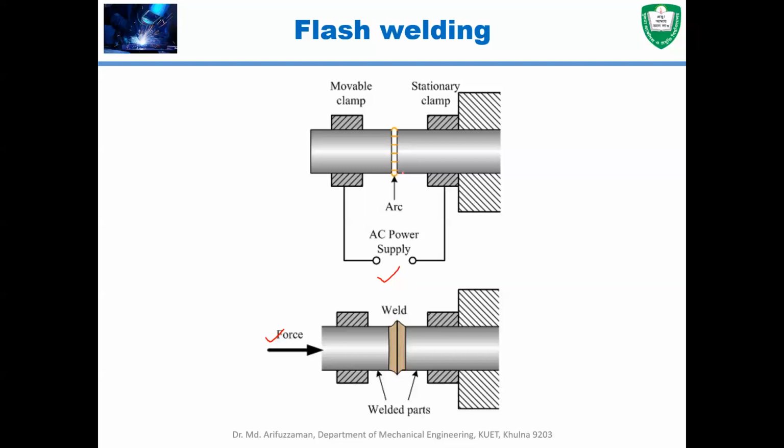Because of that more heat, material gets flashed out, and at the same time force is applied, and material gets bonded together. The material does not melt; it just reaches the plastic state, and due to the application of force, the material gets joined together.